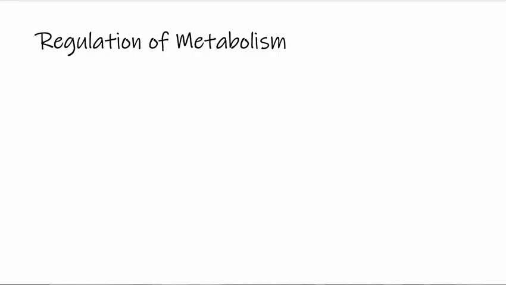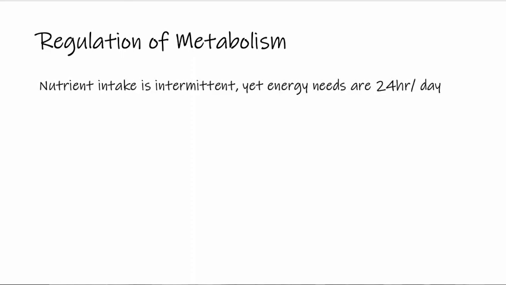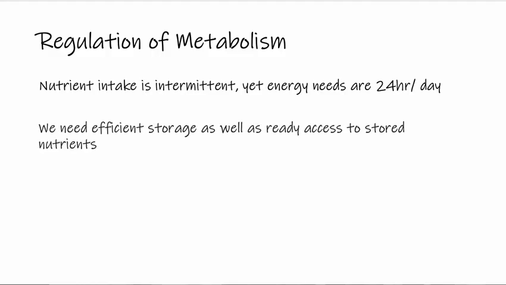Now, let's tie together what we've learned about insulin and glucagon to understand the regulation of metabolism. So understand that as we eat throughout the day, our nutrient intake is intermittent, and yet the energy needs of our tissues are 24 hours a day.